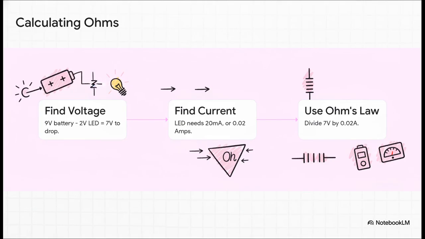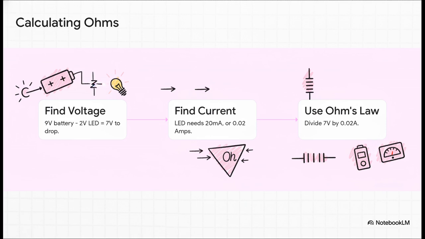Let's apply this formula to our exploding LED problem. It's like a puzzle. Step 1, we need to figure out exactly how much voltage the resistor needs to block or drop. We have a 9-volt battery and a 2-volt LED. Simple math. 9 minus 2 means we need to drop 7 volts. Step 2, we identify the current our LED needs, which is usually around 20 milliamps, or 0.02 amps. Step 3, we just rearrange Ohm's law to solve for resistance.